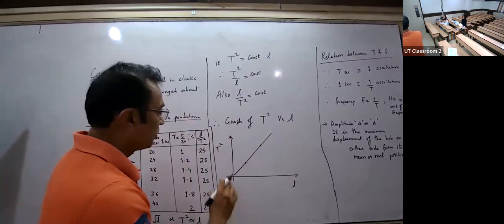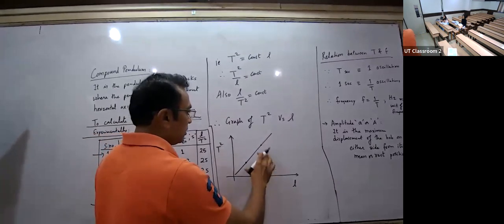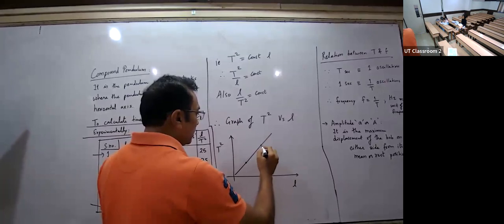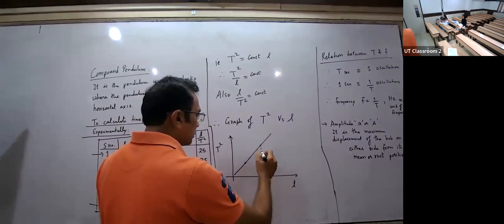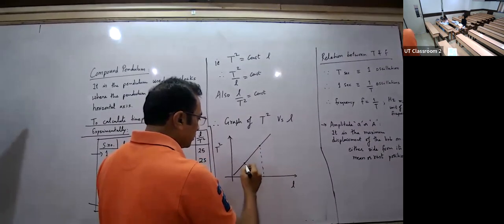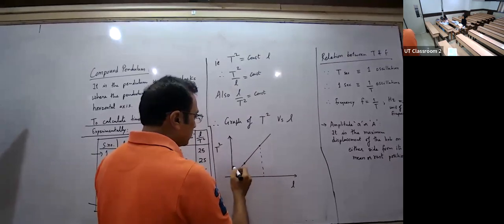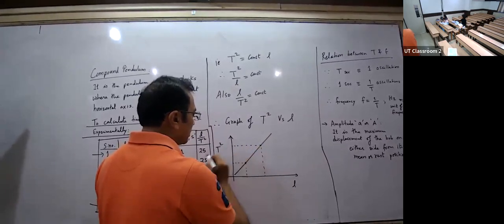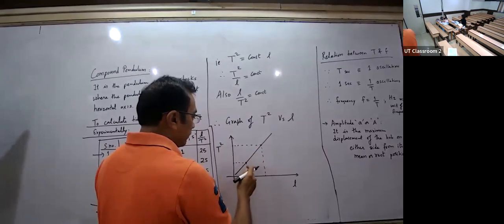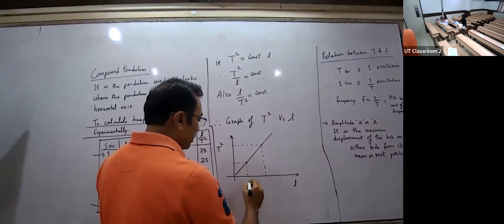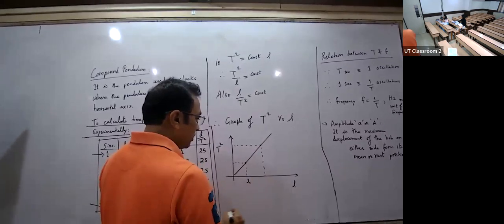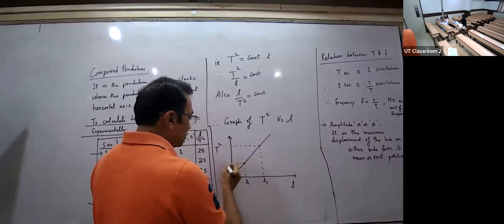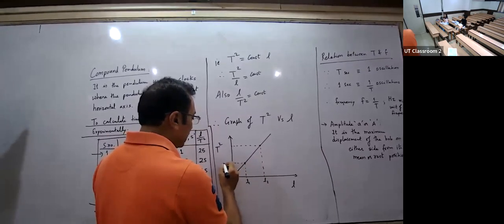You just take any 2 points on the straight line and then project on respective x and y axis. So this value is L. This will be first value of L. This is the second value of L. So at this L, what is the time?